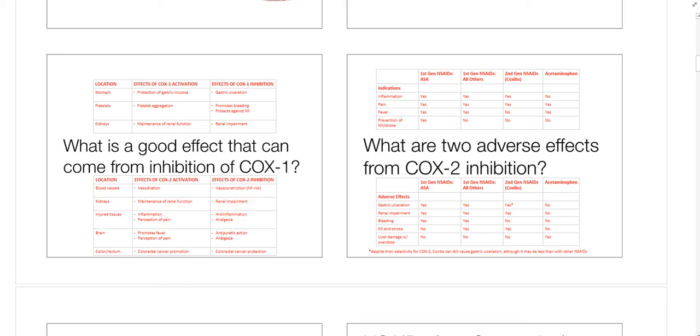The benefit we have here is that we have an anti-inflammatory effect and an analgesic effect, which is just helping with pain. Also, another couple benefits is that it helps with fever through antipyretic action, lowers the fever, and some more analgesia. And then another benefit that's kind of minor is it has some colorectal cancer protection because it counters this risk.